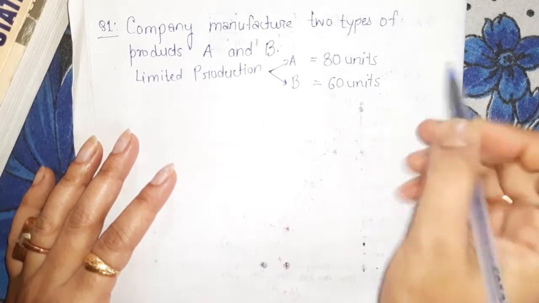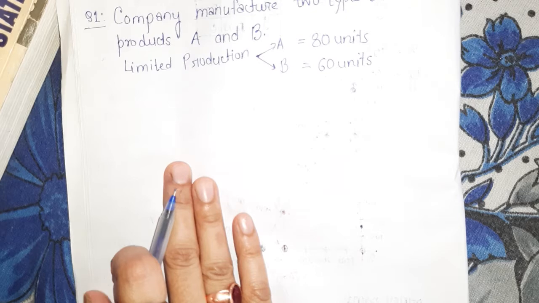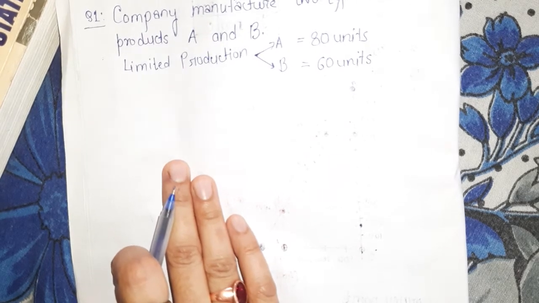Means you can only produce maximum 80 units of product A and 60 units of product B.